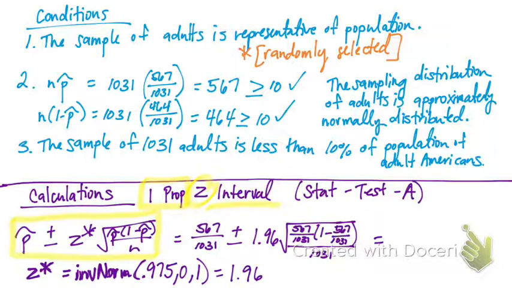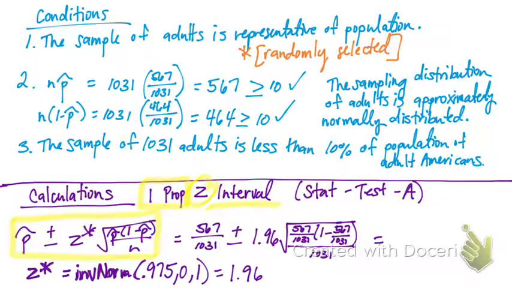Now, you do not have to do any of this by hand because the one prop Z interval on your calculator does it for you. So go back to your calculator. X is your number of successes, so I'm going to put in 567. N is 1031. And confidence level is 0.95. Everyone look at me.